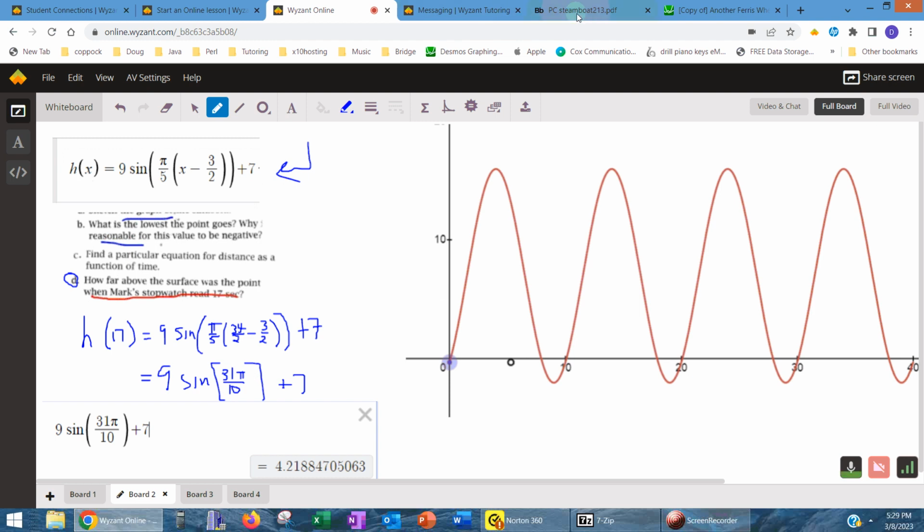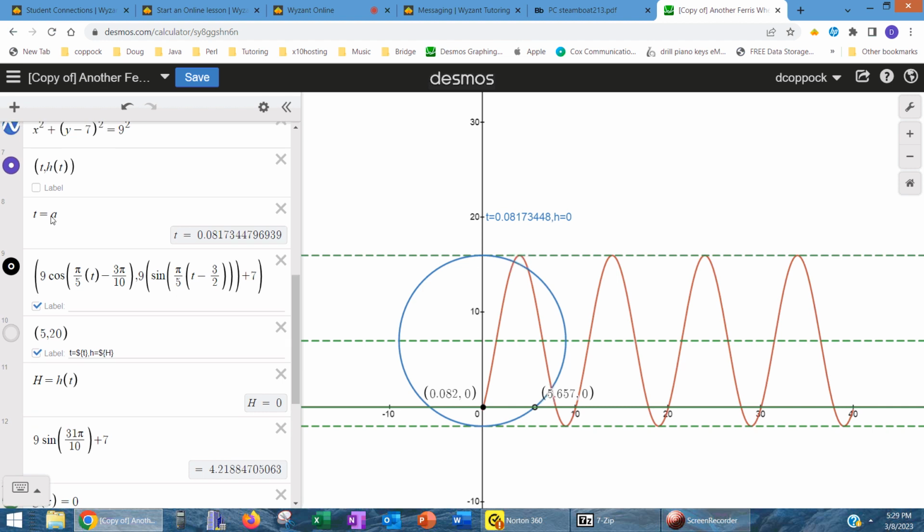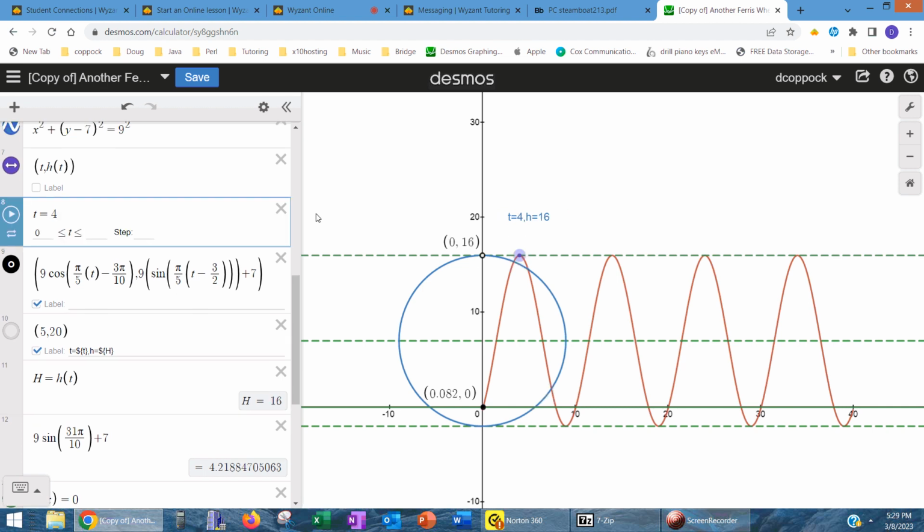And if I actually go to Desmos and move this point along the wheel, I've got to change this to t equals 4, let's say. If I move this point along the wheel, or along the sine function, you see that point right here moving along the steamboat wheel. So H is actually giving us the height of that point above the water level.